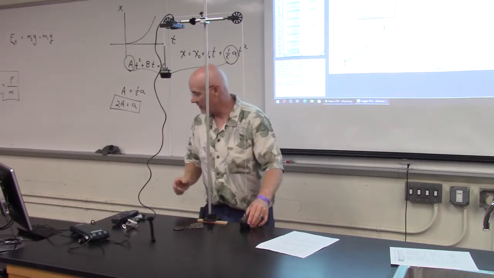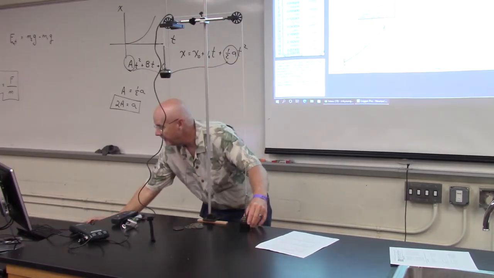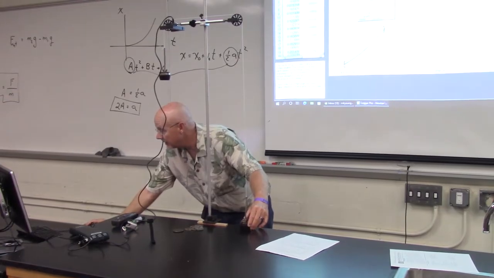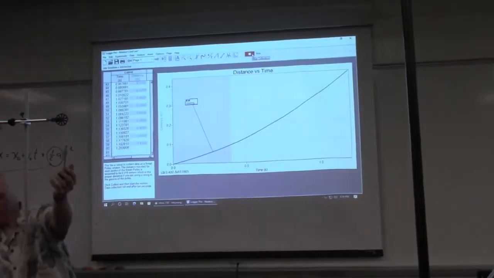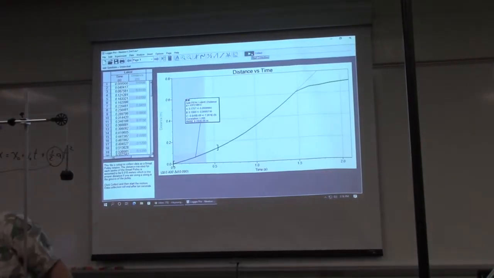So we've already done 7. And so we got 5 in this table and 5 in the next table. Okay, so here we go. Let's find the acceleration together. All right, so I'll hit collect and let it go and just catch it and hit stop.